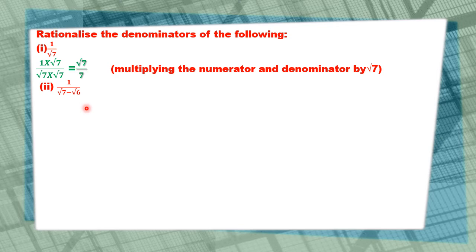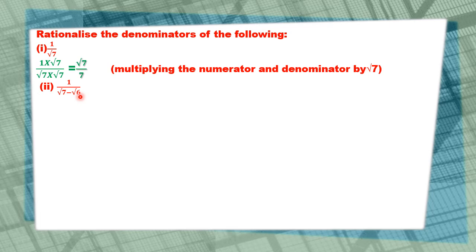Here you can see 1 upon root 7 minus root 6. We have to convert this denominator into a rational number. Which identity will be the best suited over here? So let us just guess. Root 7 is to be converted into a rational number. For that we will multiply root 7 into root 7. It means it will be a square.